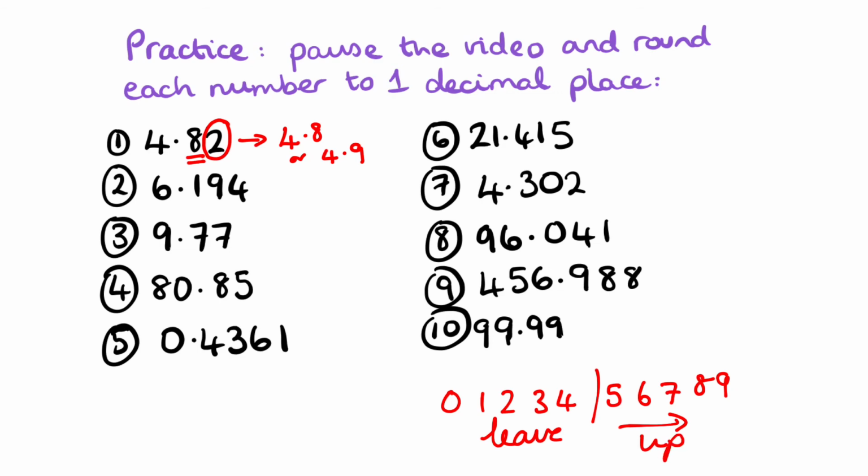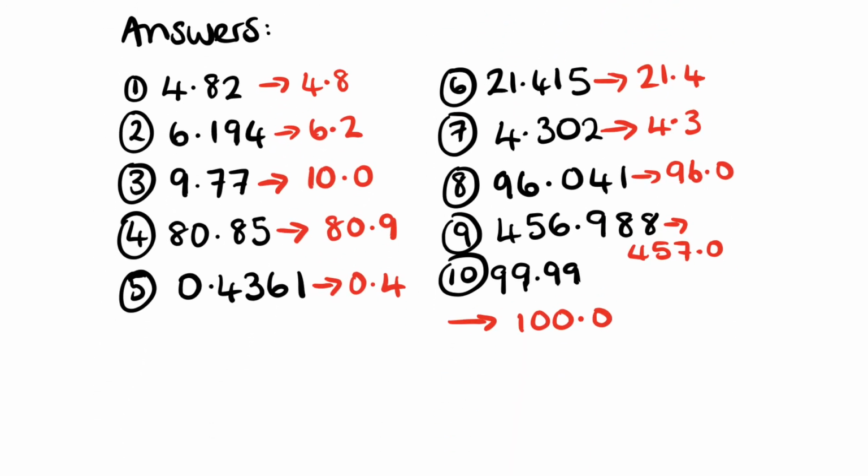So pause the video just now and round each number to one decimal place. And remember, if you're not sure, you can watch the previous bit of the video again, or you can ask either your teacher or an adult that's nearby. Okay, so pause the video and get on with that. And here come the answers now. So check your work.